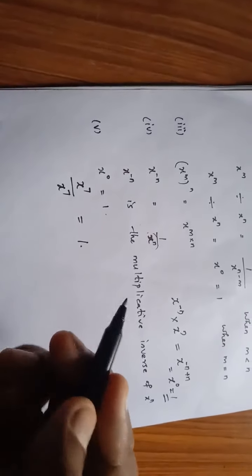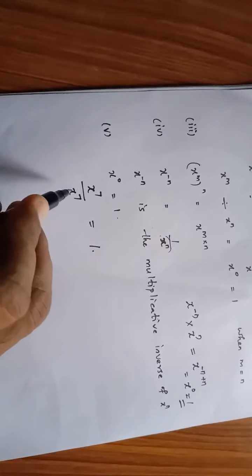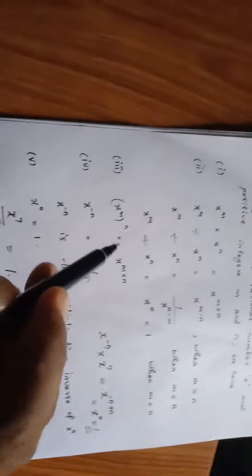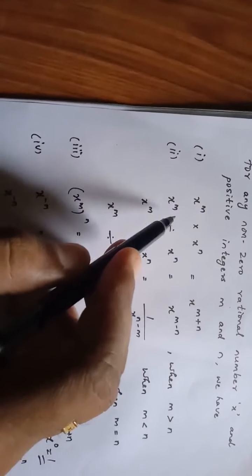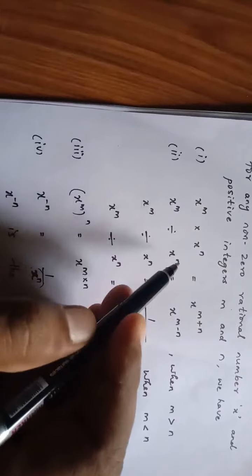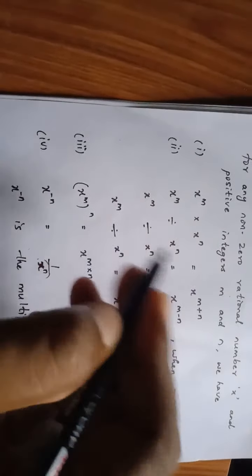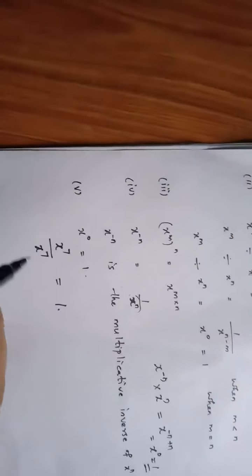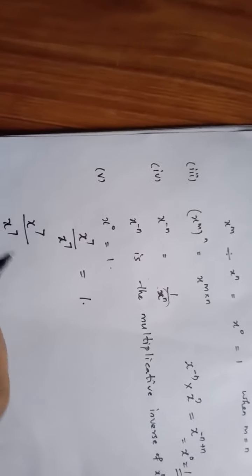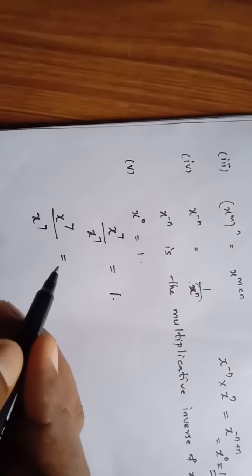Okay. Now we are going to apply the division rule. Here in the second one, we can see that when we divide two numbers with the same base, and when the powers are equal, it is equal to 1. Now we are going to apply the rule as such. So here x to the power 7 divided by x to the power 7, we apply the division rule.